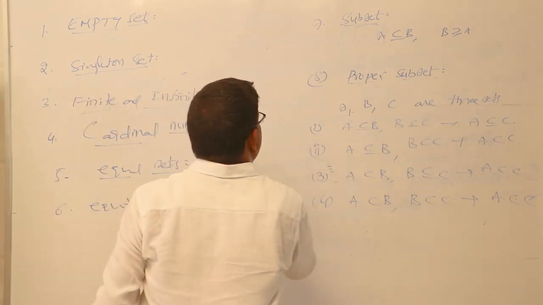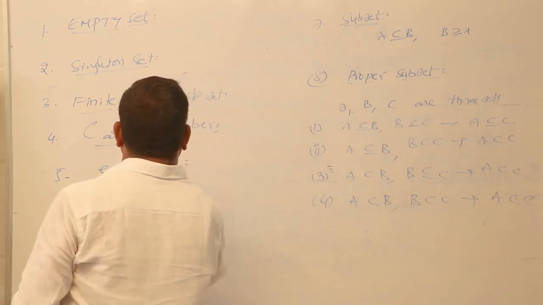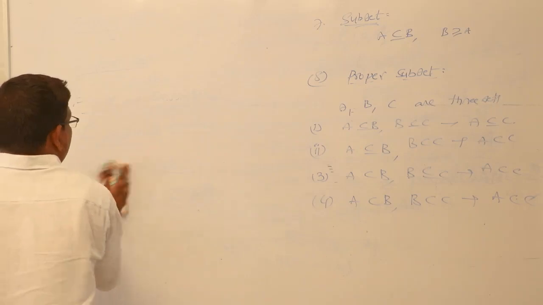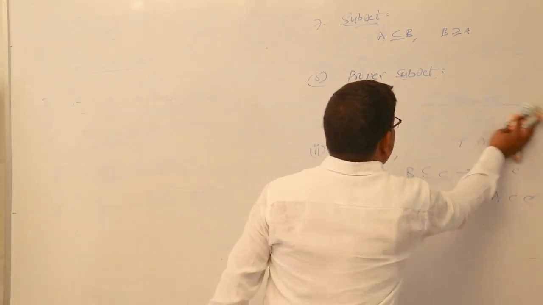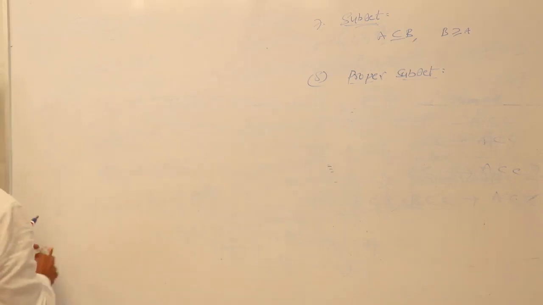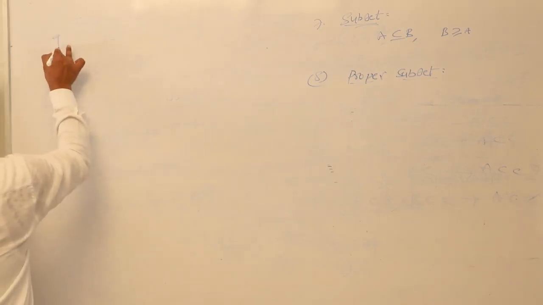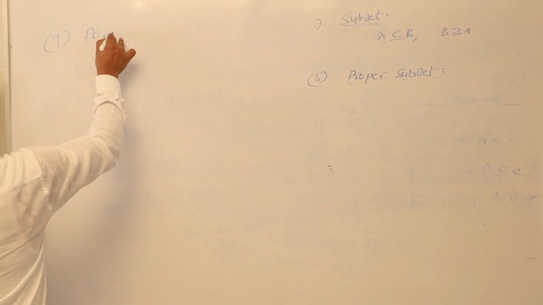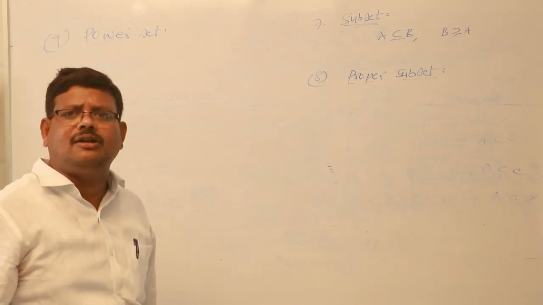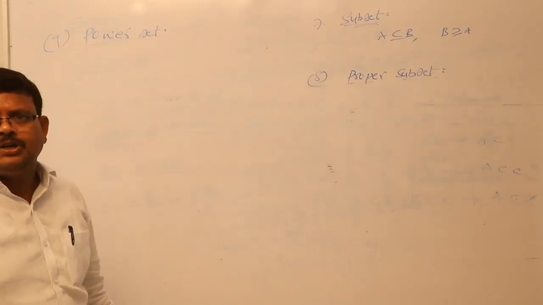After proper subset, what is meant by power set? The next property is power set. The set of all the subsets of a set is called the power set.